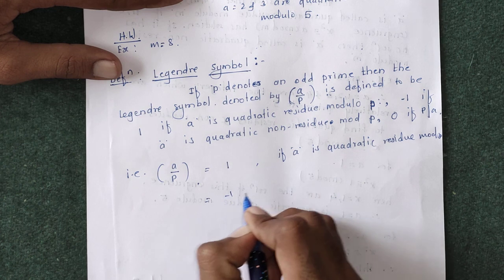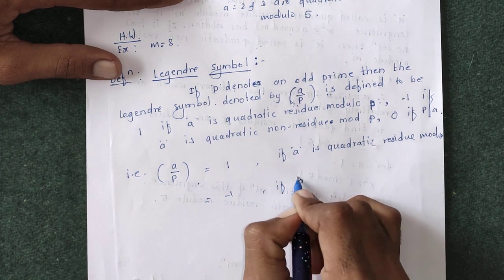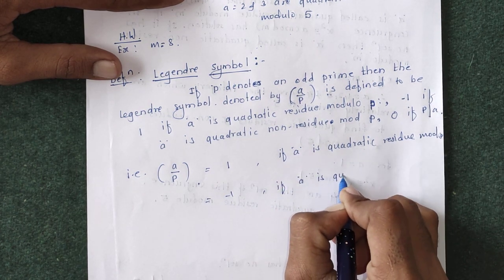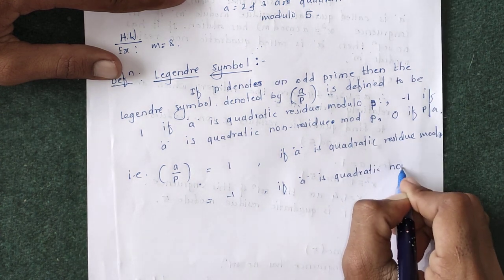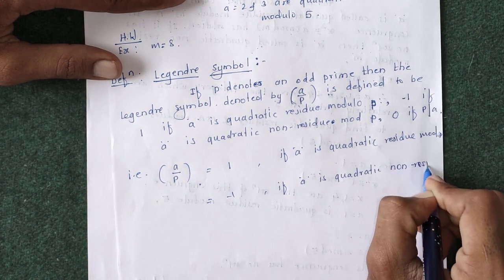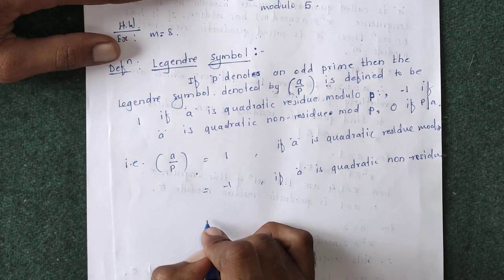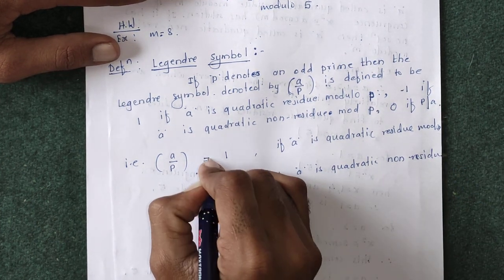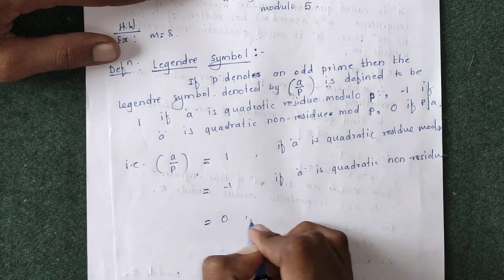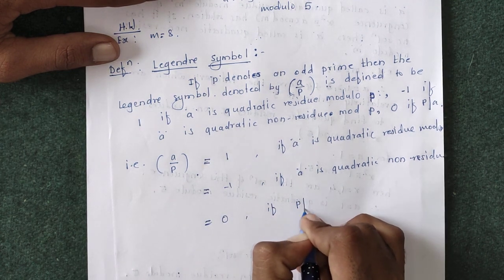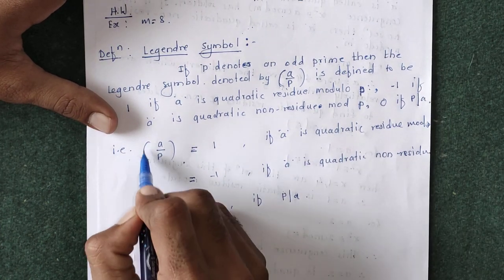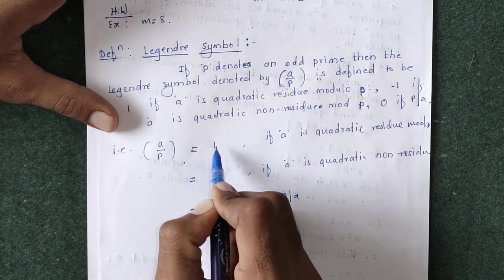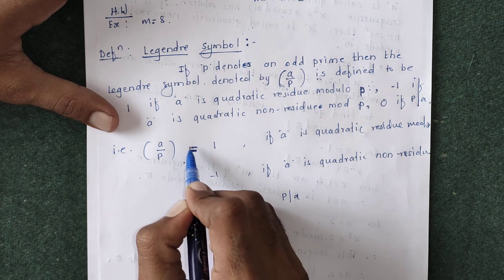It is defined to be minus 1 if a is a quadratic non-residue under modulo p, and is defined to be 0 if p divides a.